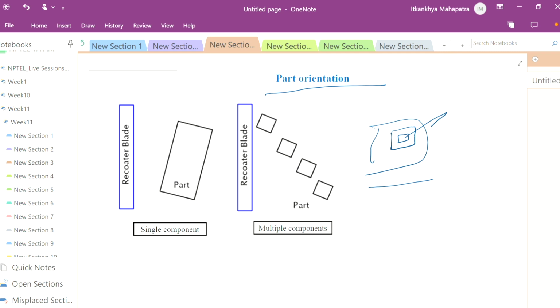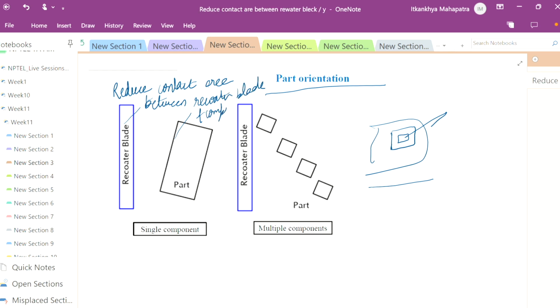So here what we have to do is reduce the contact area between the recoater blade and the component.